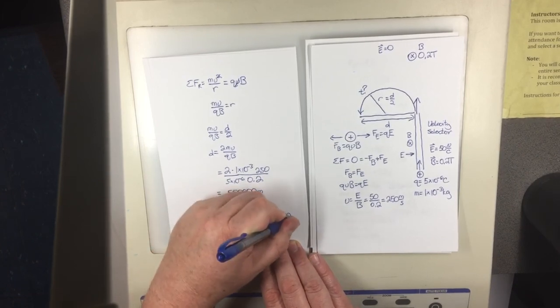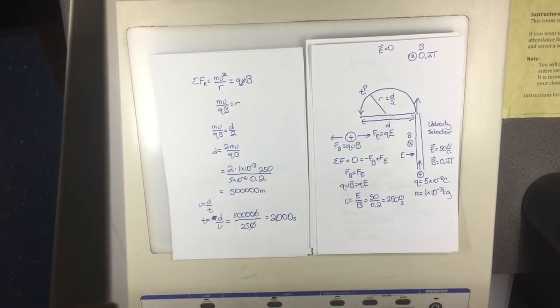So it would take roughly 35, 40 minutes for it to go over and impact. And so it could be something as simple as this, a velocity selector and this.